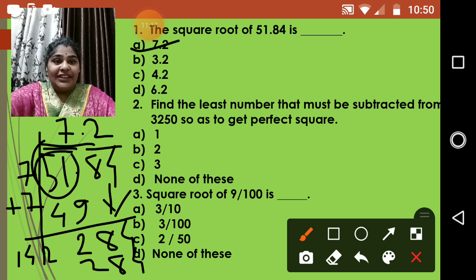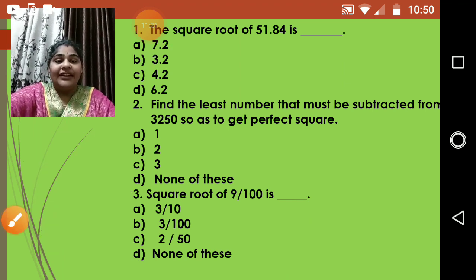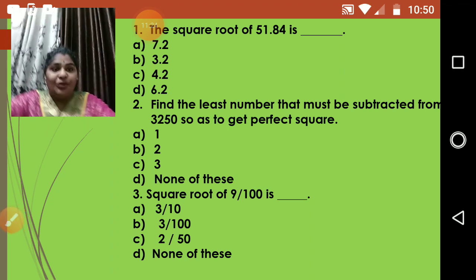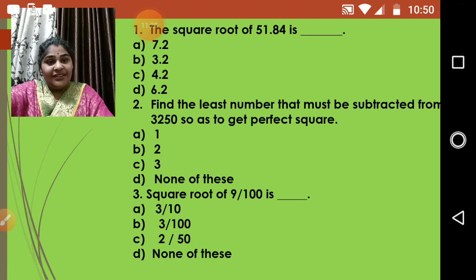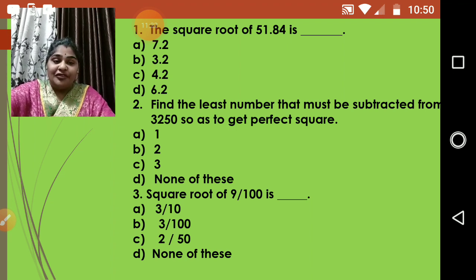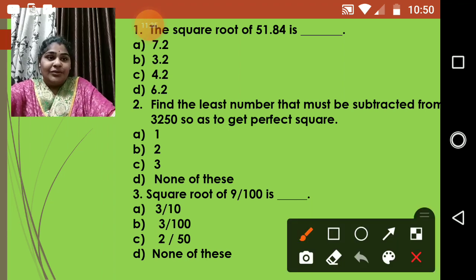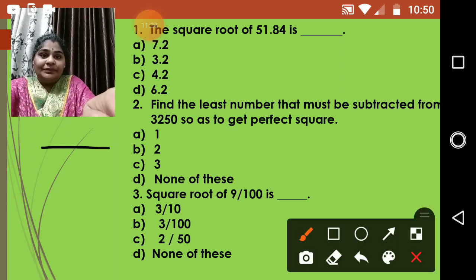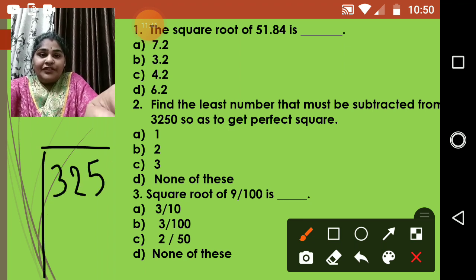Okay. Now next one, find the least number that must be subtracted from 3250 so as to get a perfect square. So again here you will use the division method. Using the division method, find out what is the remainder. So let us see. So the number is 3250.